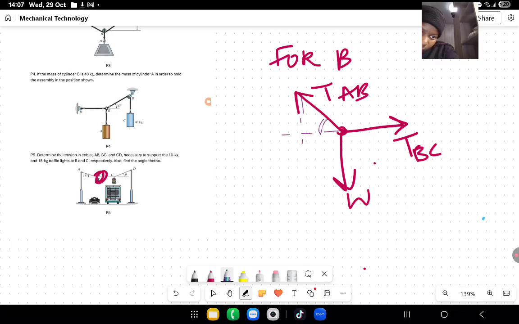Here we have our angle theta, and this side our theta is 15 degrees, as they give us. So we will start calculating using our B side.